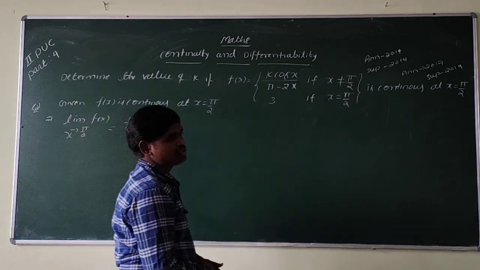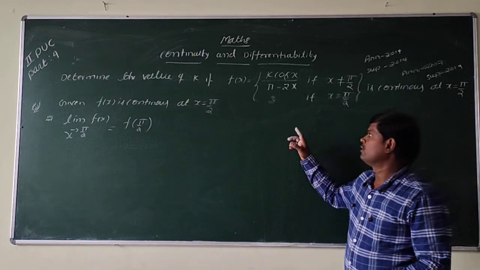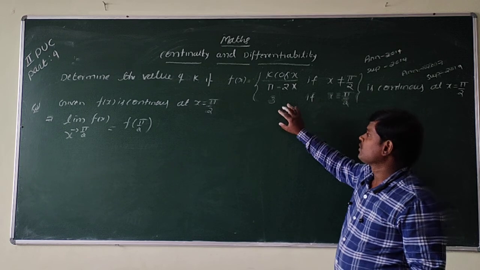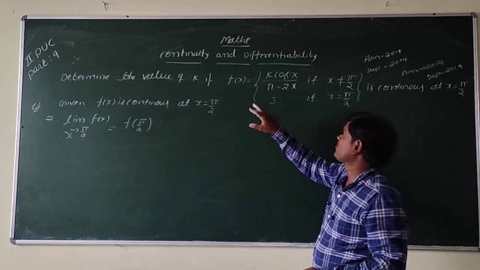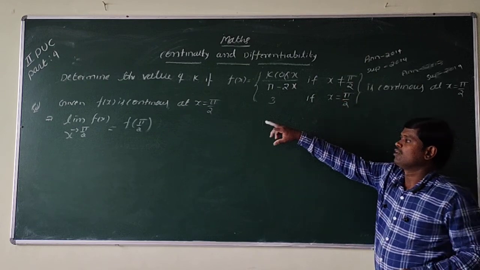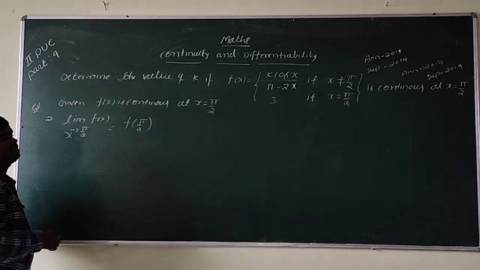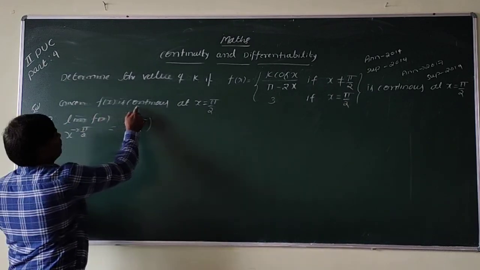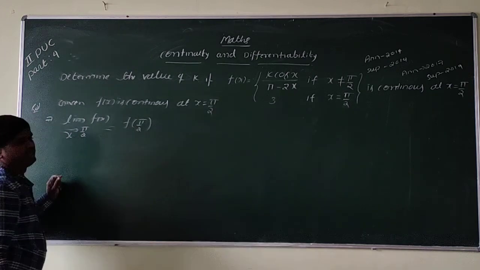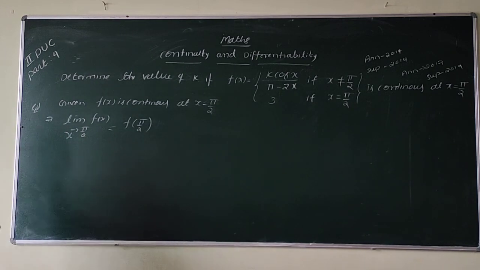Here the function is not splitting. If the function is splitting, then we take both the left hand limit and right hand limit. But here the function is not splitting, so we go with the limit of the function and the value of the function. Since f is continuous at x is equal to pi by 2, the limit of the function is equal to the value of the function.